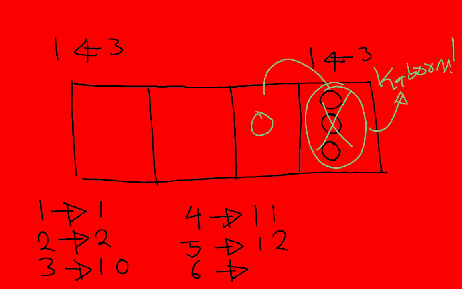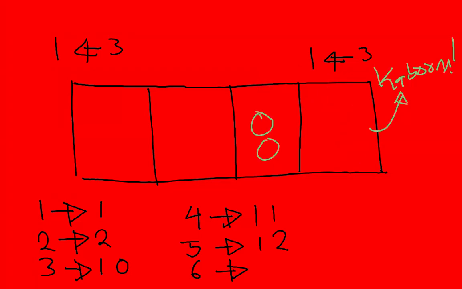That creates 1 dot right there. Nothing remains here, because all the dots exploded into 1 on that side. So the coding for 6 becomes 2 and 0.